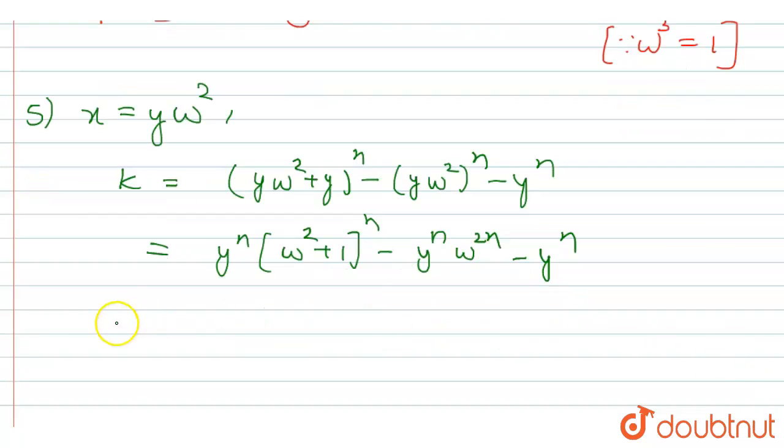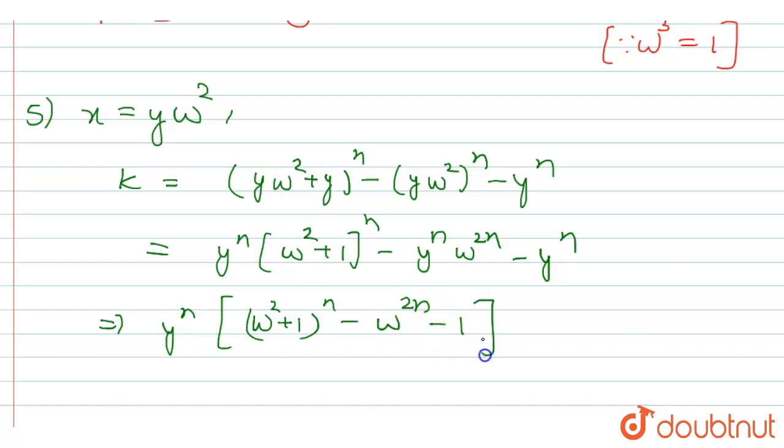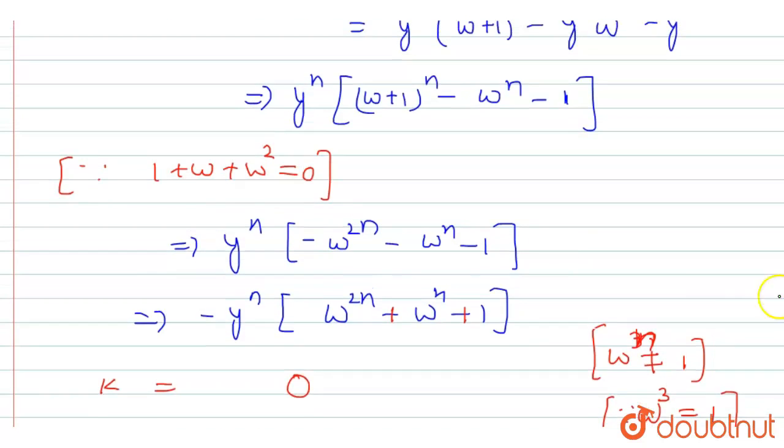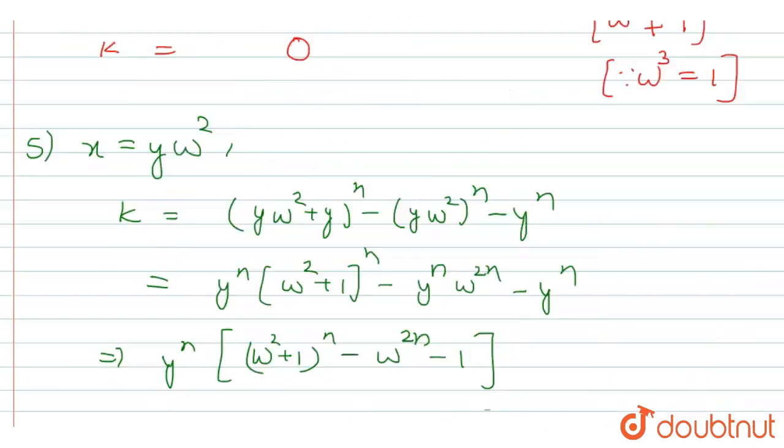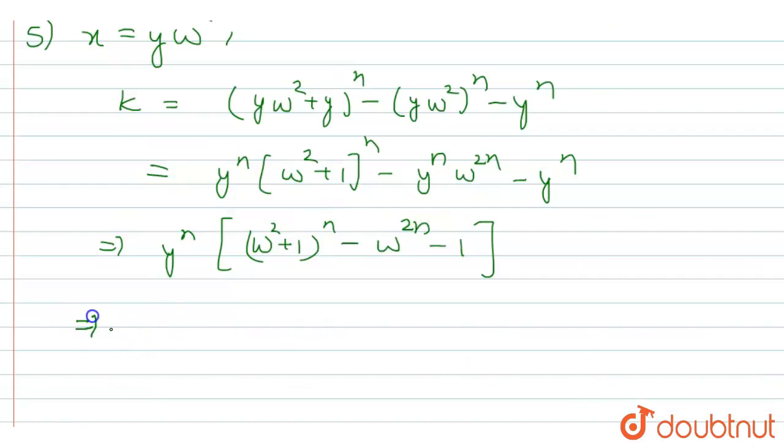Taking y to the power n common, it will be (omega square plus 1) to the power n, minus omega to the power 2n, minus 1. Now we can write 1 plus omega square equals minus omega, so on putting the value, it is y to the power n, (minus omega) to the power n, minus omega 2n, minus 1.